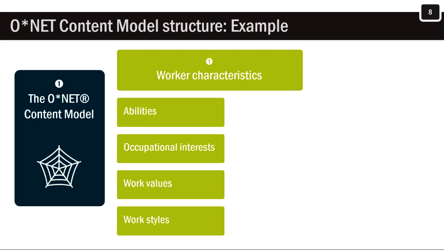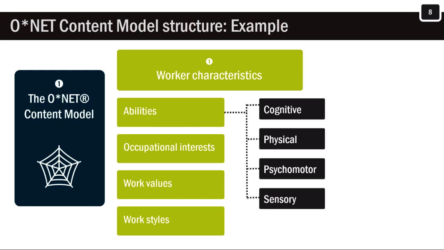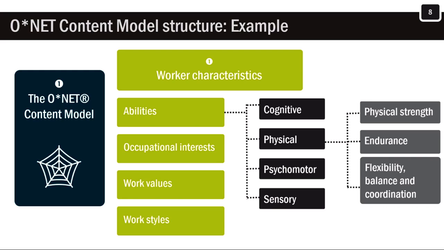For instance, what kind of abilities are there? There are 4 categories of abilities: cognitive, physical, psychomotor, and sensory. Each category or group of abilities consists of specific abilities. For example, physical ability includes physical strength, endurance, flexibility, balance, and coordination.